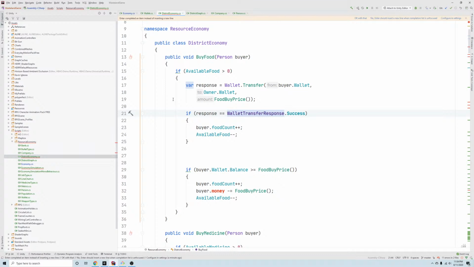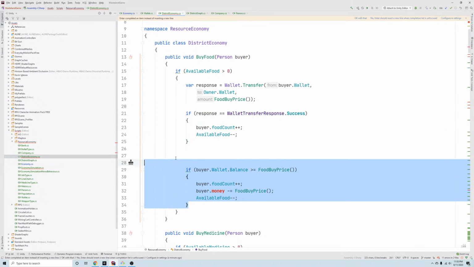Like food can grow on trees. It literally can. So I'm not worried about having transactional behavior for resources yet. The only transactional thing I want is money, because I don't want the total money to ever fluctuate, but I'm currently happy if food gets created out of thin air, which makes sense.